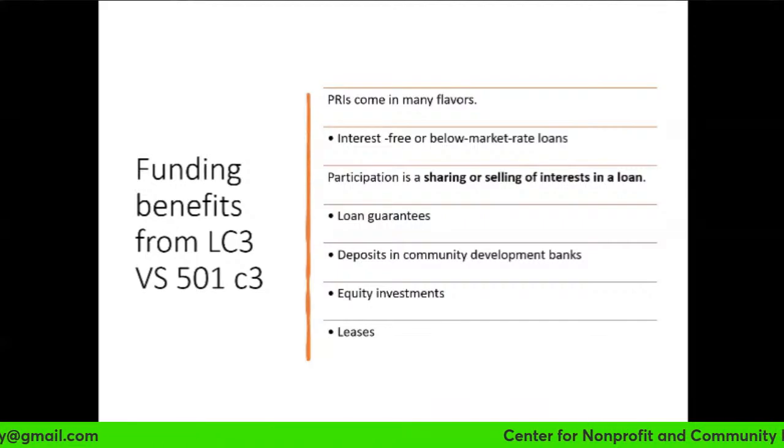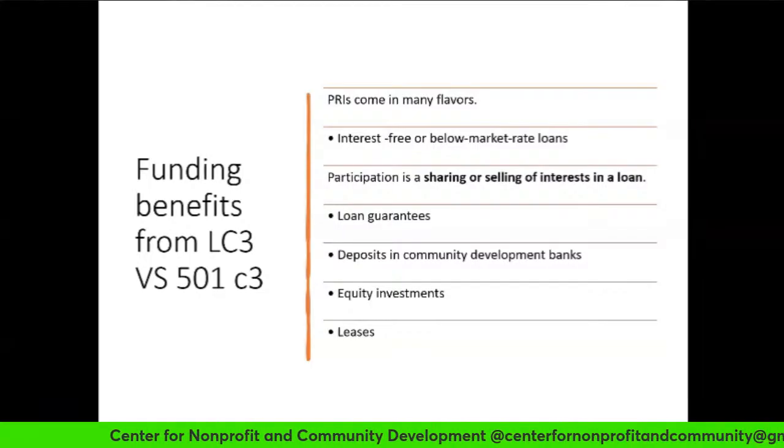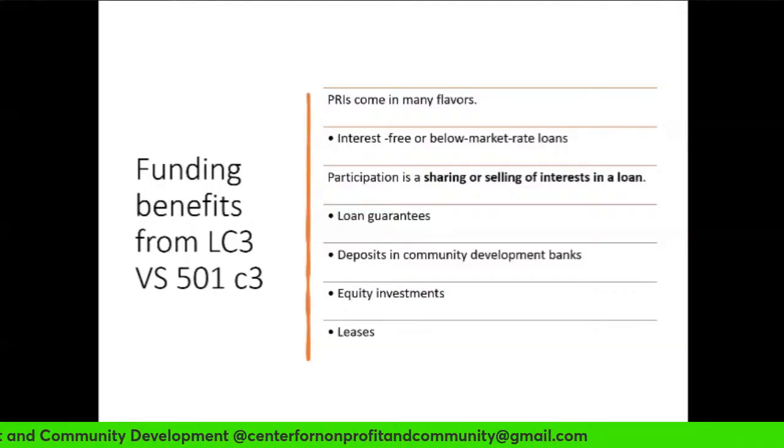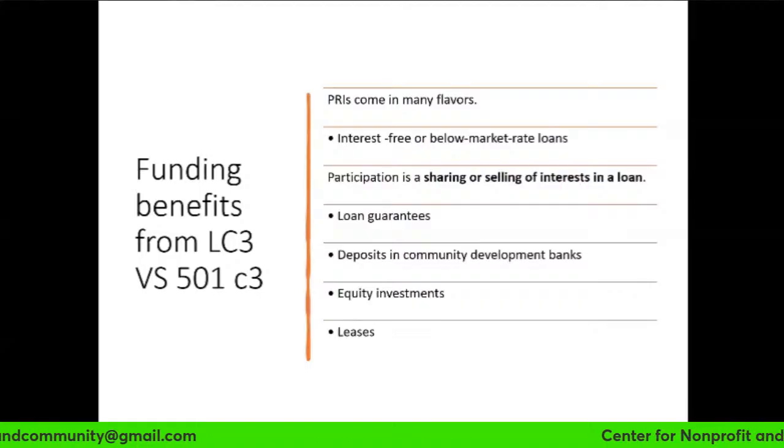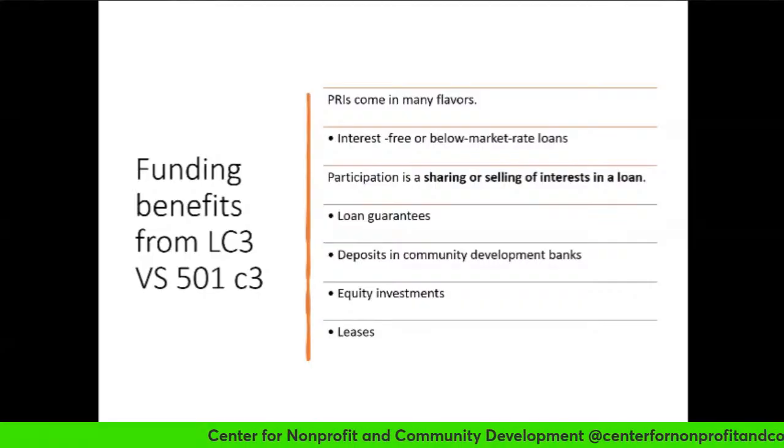The other thing is that you participate in a sharing or selling of interest in a loan. Loans are guaranteed. It brings about an equity investment that you can make. And also in terms of leases, you can get buildings leased out to banks and things of that nature.